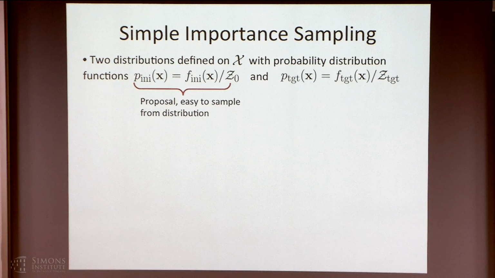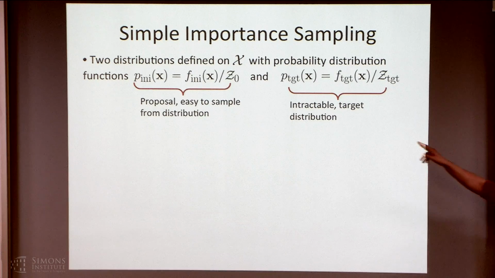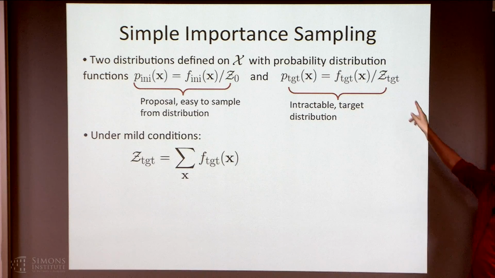There's a class of algorithms called importance sampling algorithms. Imagine that you have a simple, easy-to-sample-from distribution, and a target distribution which is intractable. Think of a simple distribution, just like in variational inference, say a Gaussian or fully factorized distribution, something you can compute exactly and sample from. Your target distribution is the complex distribution you're trying to approximate.